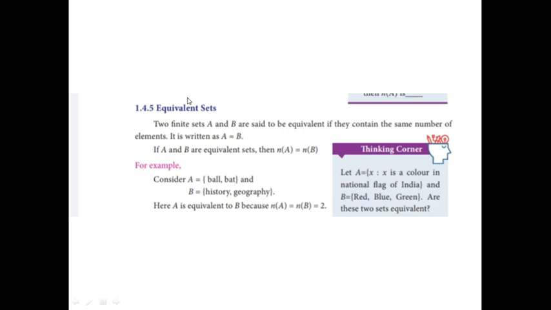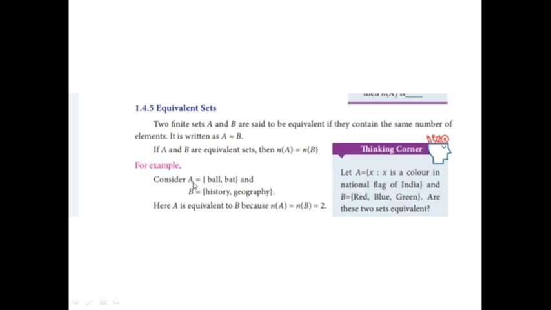If the number of elements of set A and set B are equal, then it is said to be an equivalent set. See the example here. A equals {ball, bat}. In the set B, the elements are history and geography.